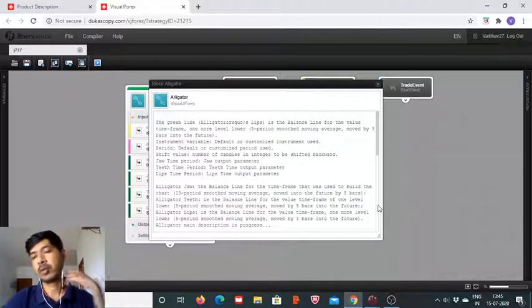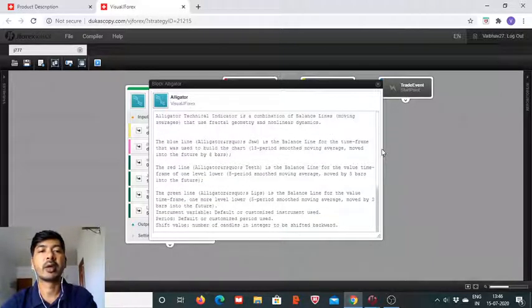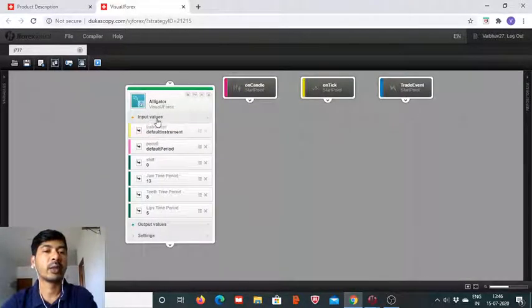If there is some confusion and you want to gain any clarity, you can just click on this info part and see what is there in the alligator's hood.